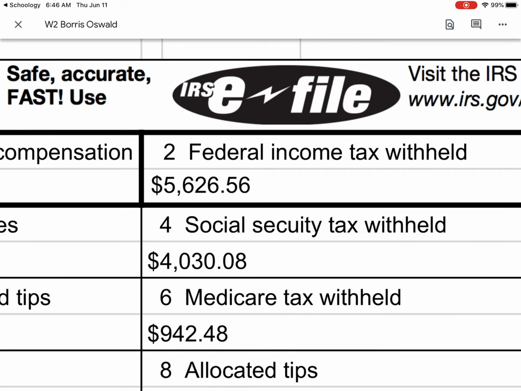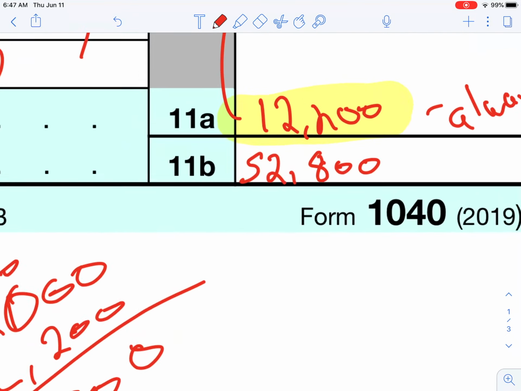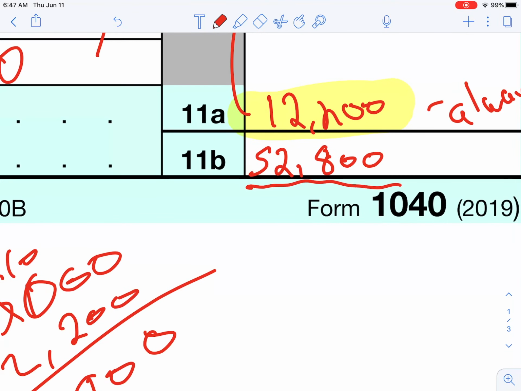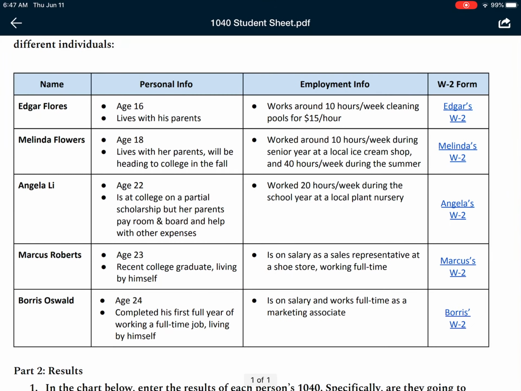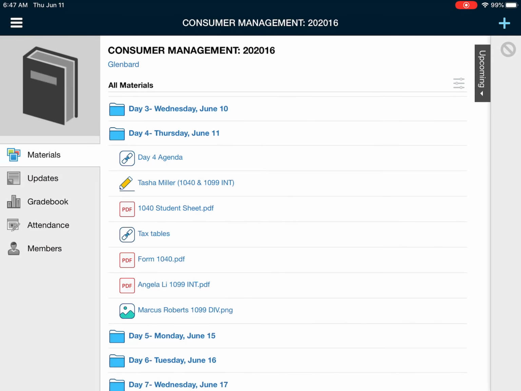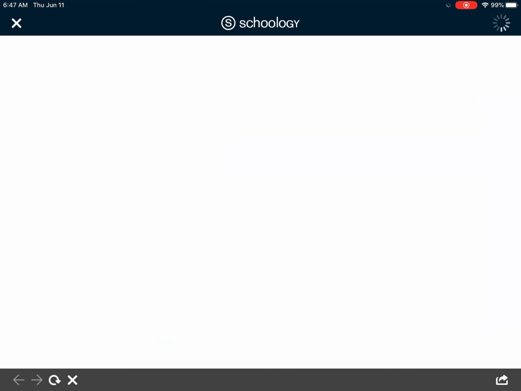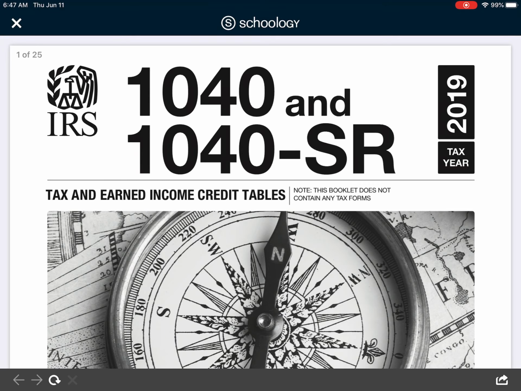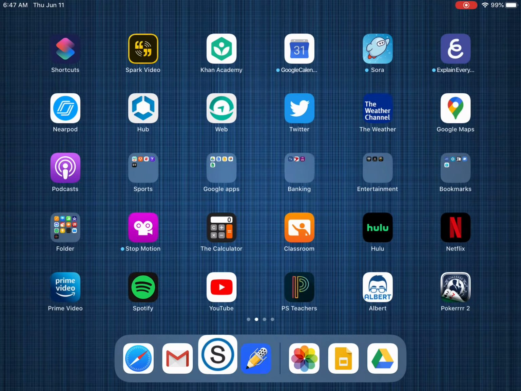But that's not necessarily saying that we owe that much. We might owe more, or we might owe less. So we see that we only owe money on $52,800. So what we need to do is go to our tax table. This will show us how much money we owe.